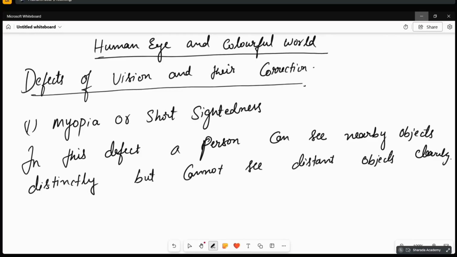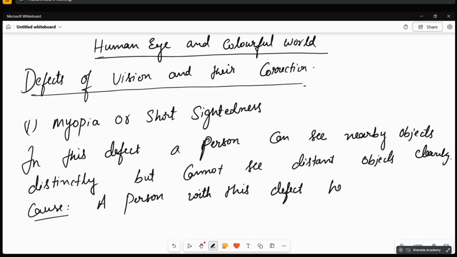So what can be the cause? A person with this defect has a far point nearer than infinity.